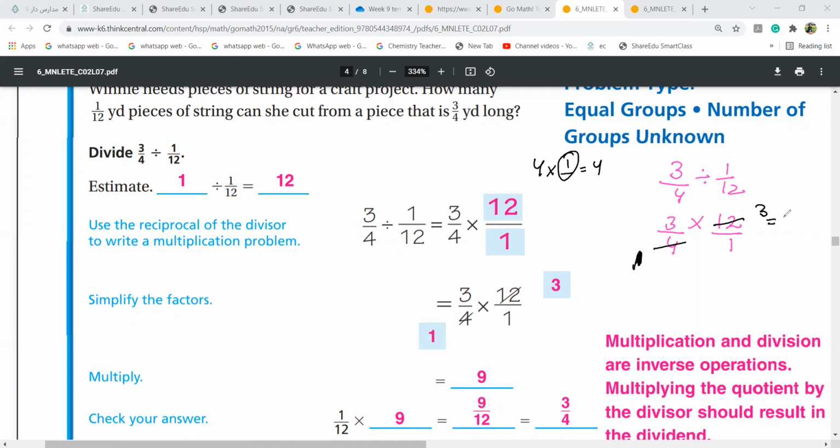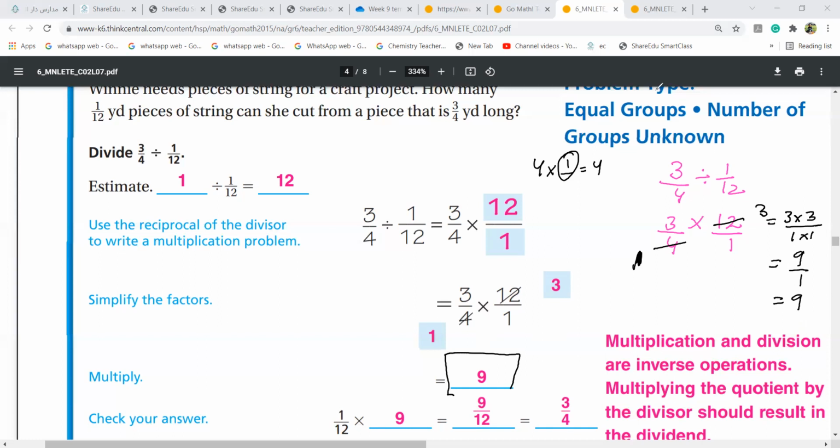Excellent. So now what is left in the numerator? 3 and 3. In the denominator 1 and 1. So your answer is 9 over 1, that's 9. And see, your answer is 9 here. Did you understand?